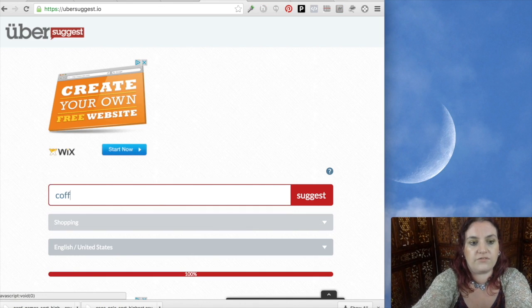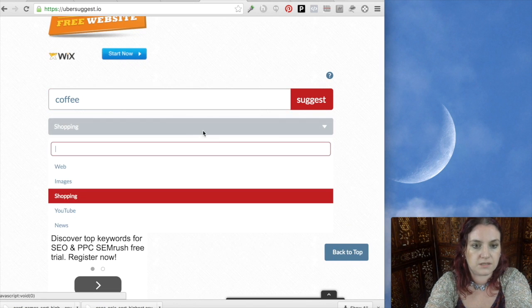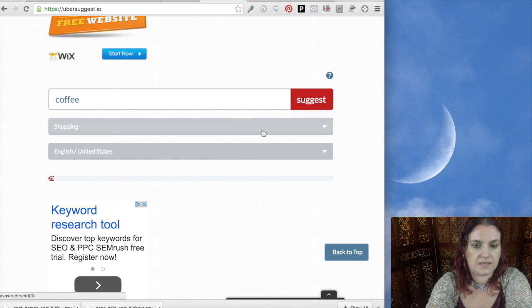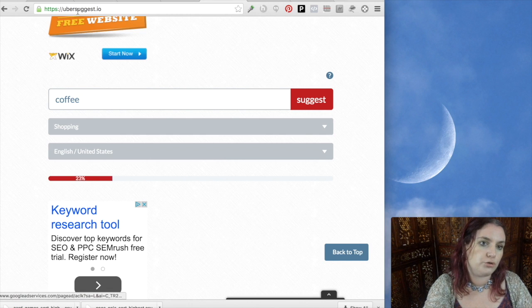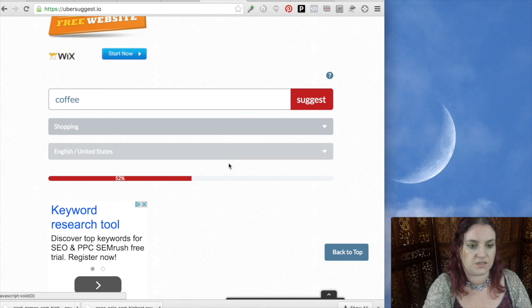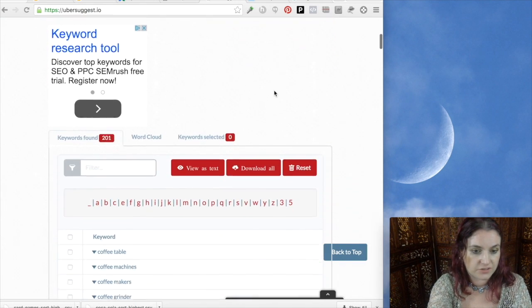So if we do coffee with Uber Suggest, I usually recommend clicking shopping, select shopping from the drop down, and say suggest. And let's see what this is called, ubersuggest.io, and it's free. It's a really nice free research tool. So we give it a moment to actually run, and there it is, it's at 100%.